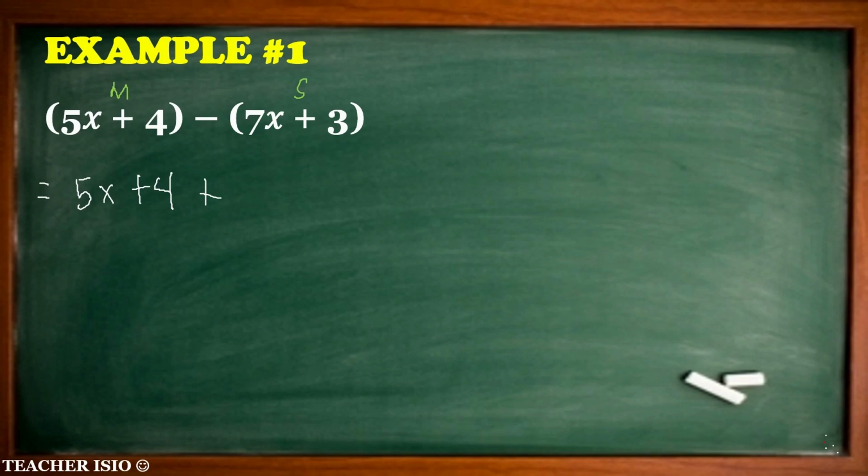In this given, we have 7x plus 3. Since 7x is positive, it becomes negative. Because we change the sign, we have negative 7x. And then, we have plus again.